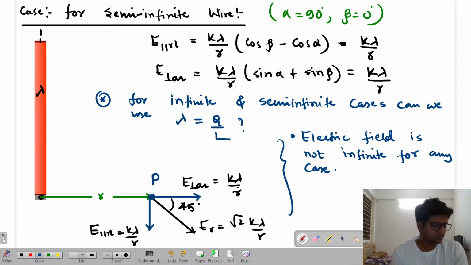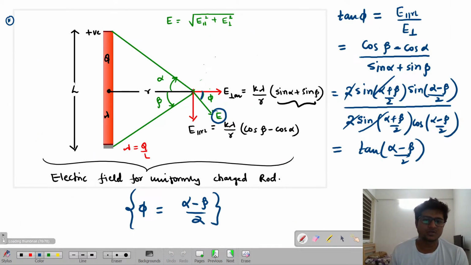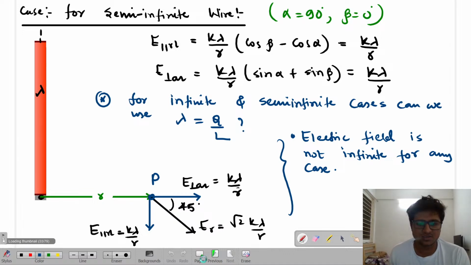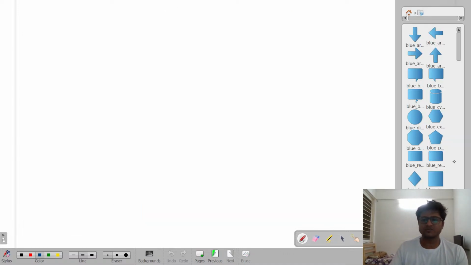Is that clear? So we have the normal case of a rod, then the infinite, then the semi-infinite. But there is one more case we need to address.